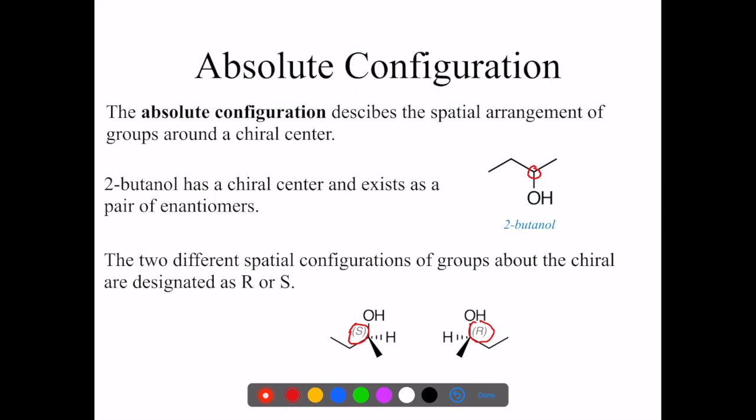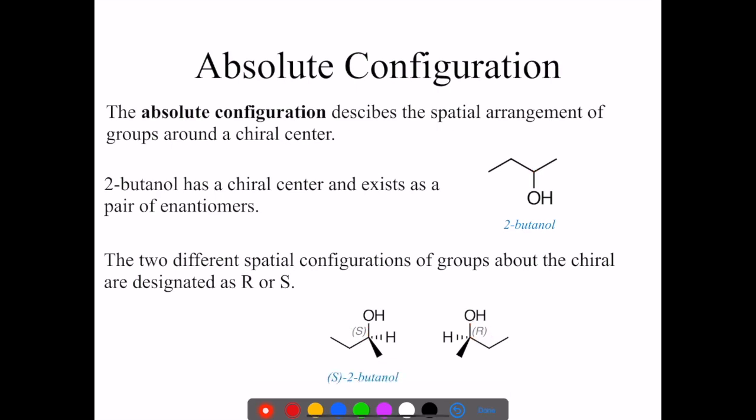If you build models of these two, you cannot rotate one and make it look like the other one. Two groups of the four on that carbon will not match up. So we have two different three-dimensional configurations around that chiral carbon, and one is designated as R and one is designated as S. So we have S-2-butanol and R-2-butanol.